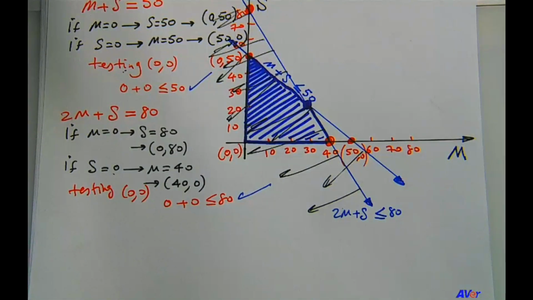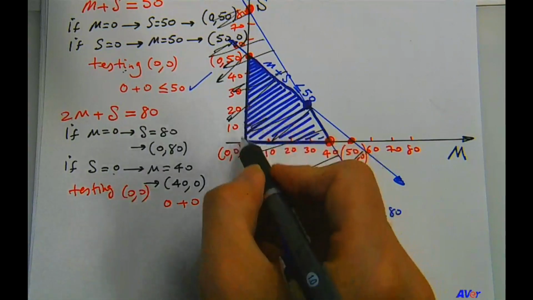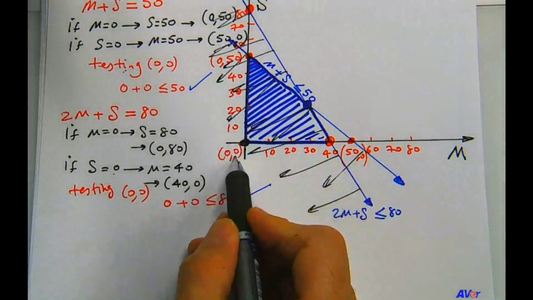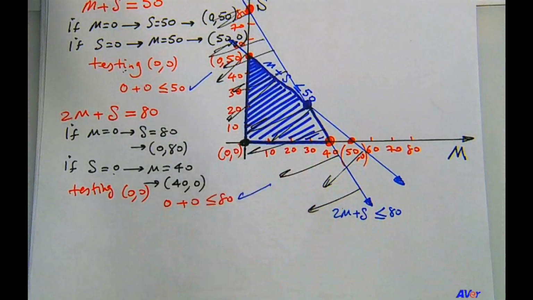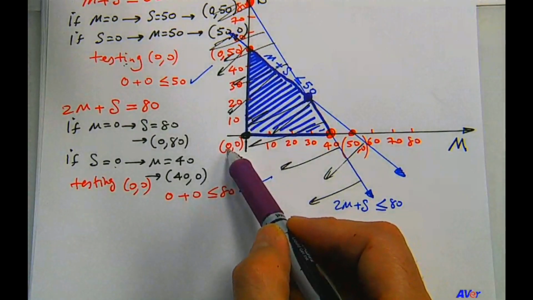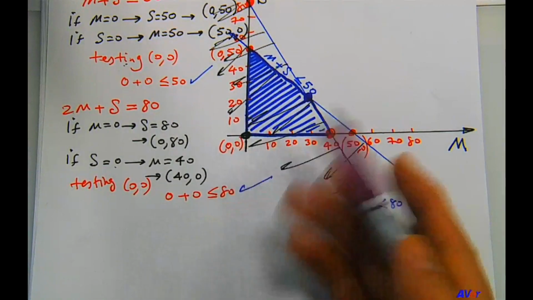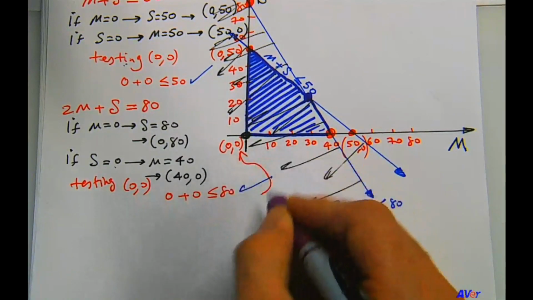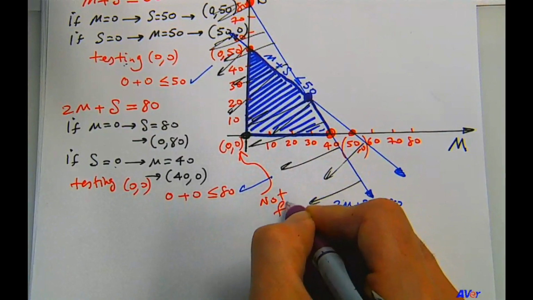So now we need to identify all the corner points. So we already know 0 comma 0 is a corner point, but is it a feasible corner point? Would we have a business left if we stored 0 microwaves and 0 stoves? No. So that one is not feasible.